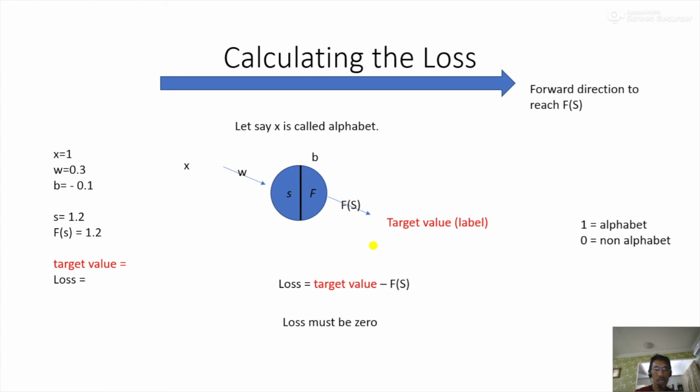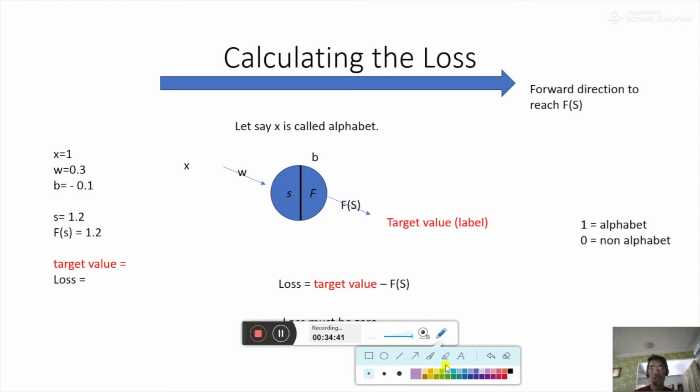Now in this case, if you calculate, the target value just now is equal to 1. 1 is alphabet, because picture X is called alphabet. So the target value is 1.